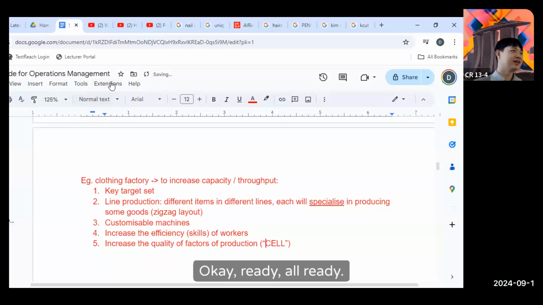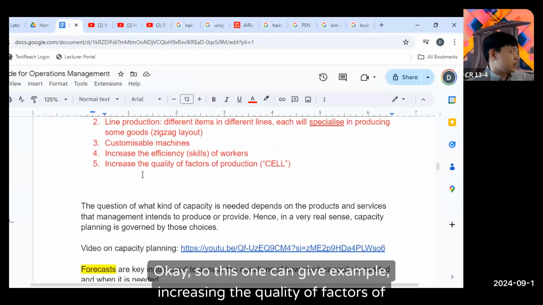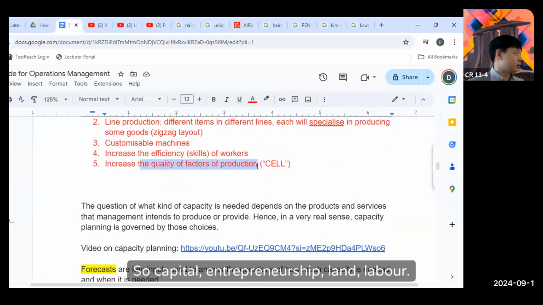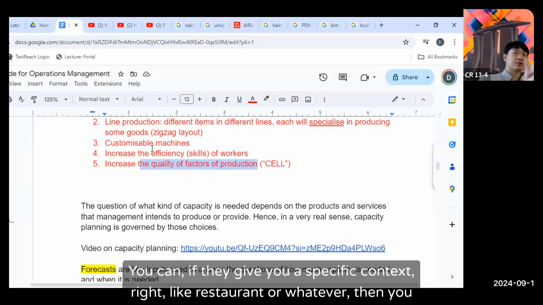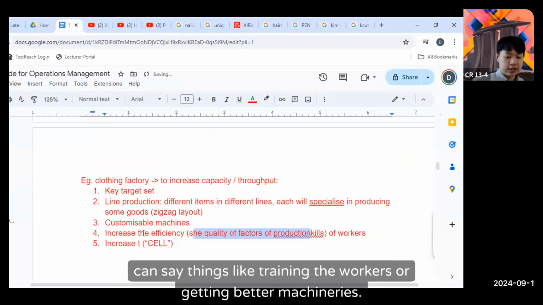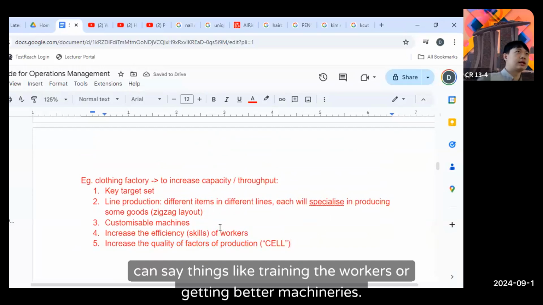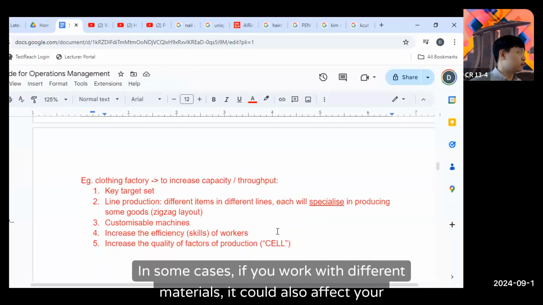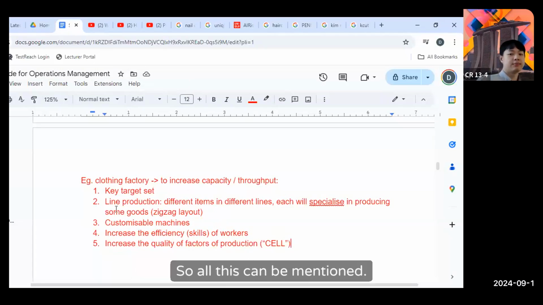If they give you a specific context, like a restaurant, you can say things like training the workers or getting better machineries. In some cases, if you work with different materials, it could also affect your efficiency. So all these can be mentioned.